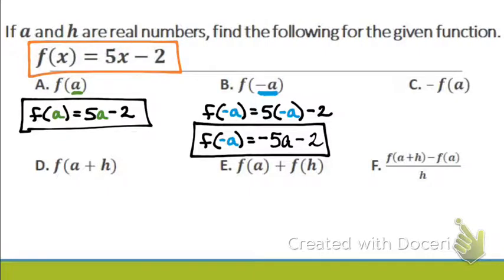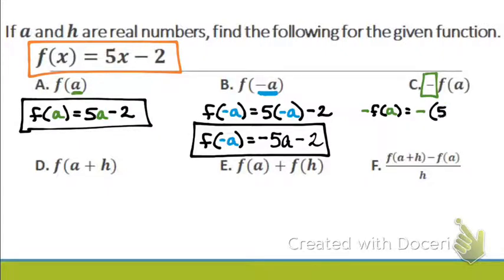Part C is not asking me to do the same thing as Part B. It has all the same symbols, all the same letters, but they're not in the same order, and so it's actually asking me to do something different. What am I supposed to do on Part C this time? I'm going to multiply my function by a negative. So I have negative f of a, so I'm putting a in the place of x, but then I'm also multiplying the entire thing by a negative.